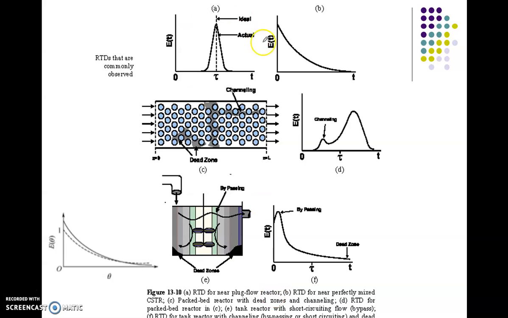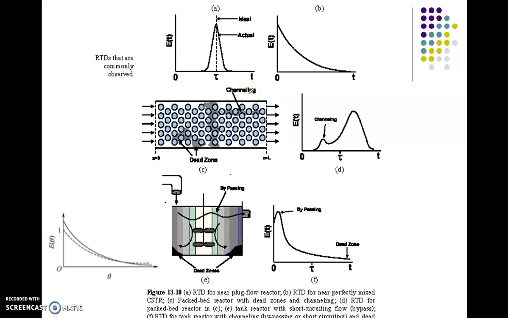This is the ideal reactor, and this one is the ideal perfectly mixed reactor or CSTR. These two are examples of ideal conditions. Then in diagram C, we can see there are problems in the PBR. You can see here there are dead zone and also channeling.